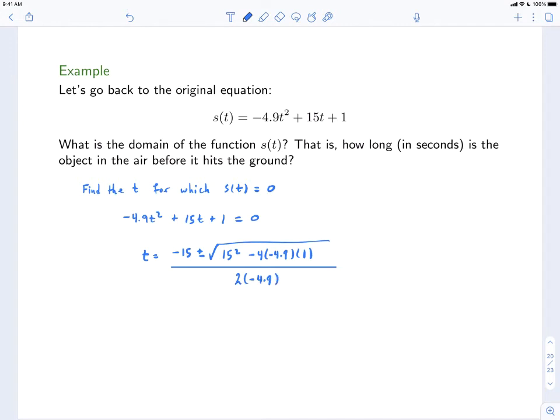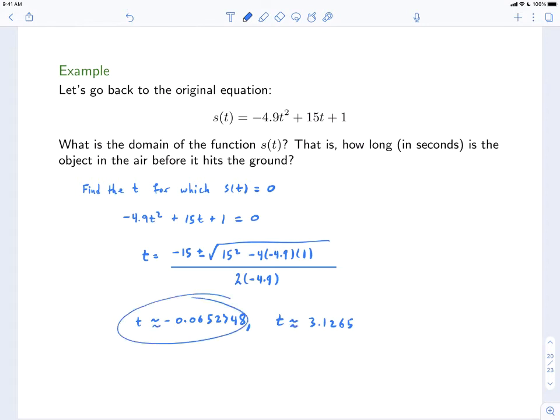Now this is the kind of thing that we're going to want to use a computer or a calculator to solve. And what you'll get is that t is approximately equal to minus 0.0652748, and t is approximately equal to 3.1265. These are approximations.